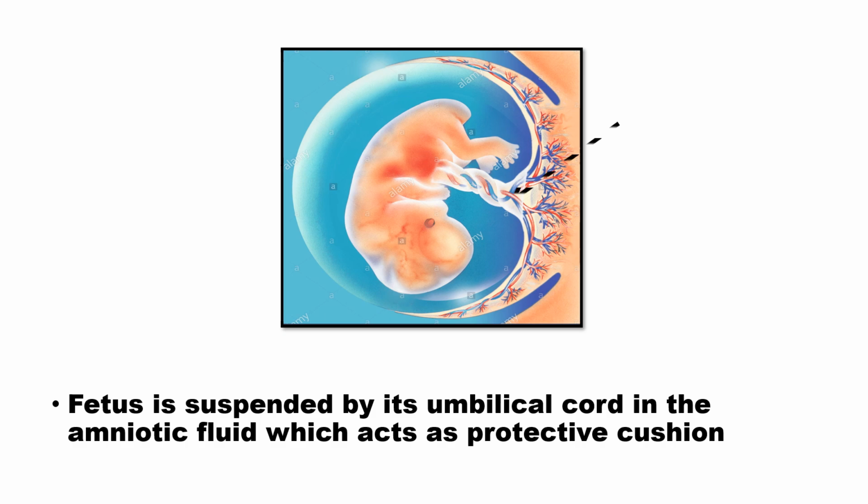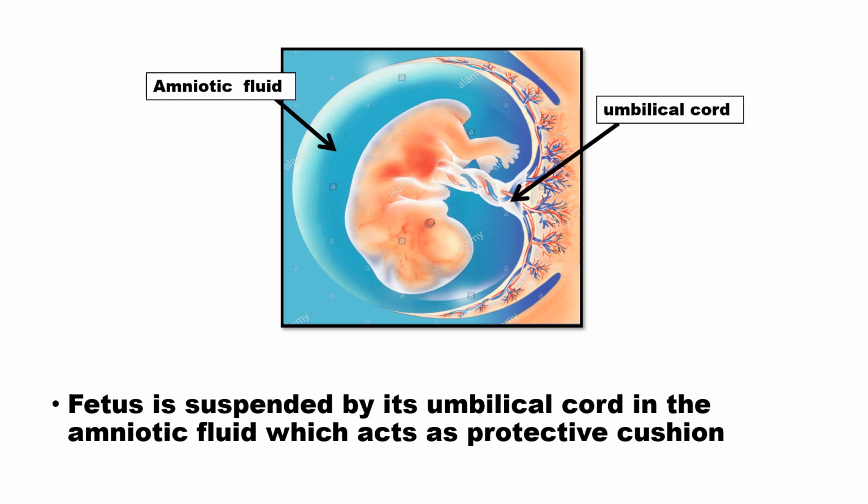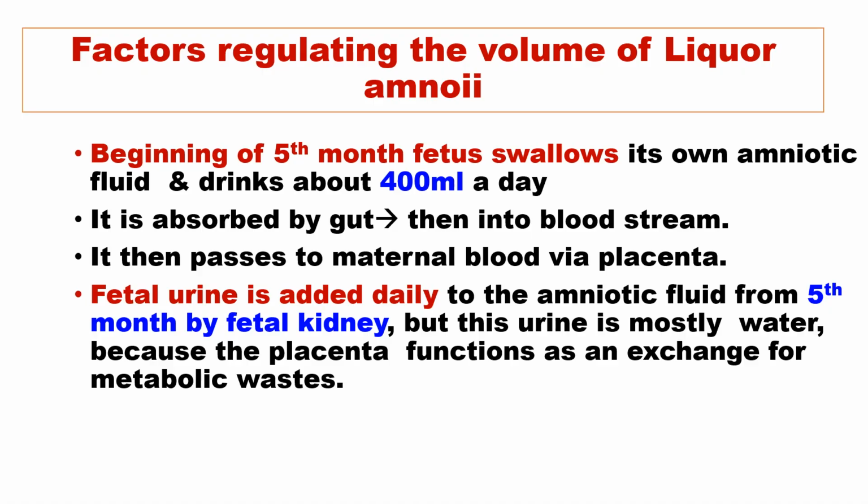The fetus is suspended by the umbilical cord in the amniotic fluid, which acts as a protective cushion to the fetus from external jolts. Factors which regulate the volume of liquor amnii.